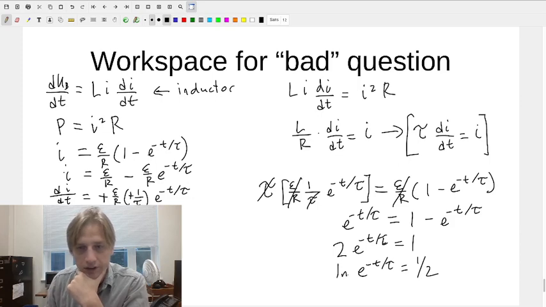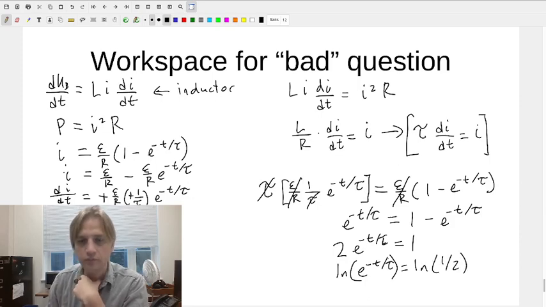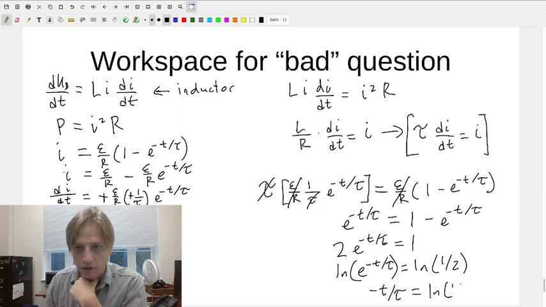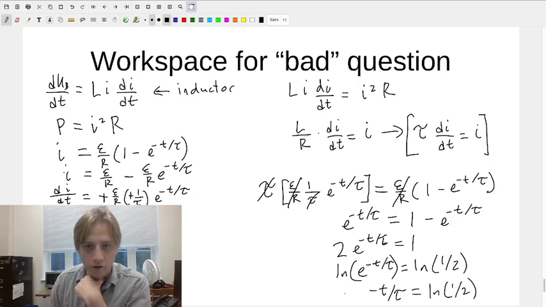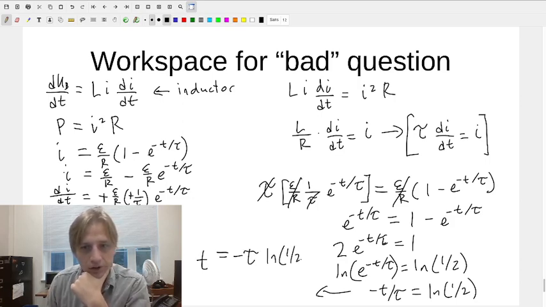Then if I take the natural log of both sides, natural log of 1/2, I get minus t over tau equals log of 1/2. So the time at which this happens is going to be minus tau times log of 1/2.